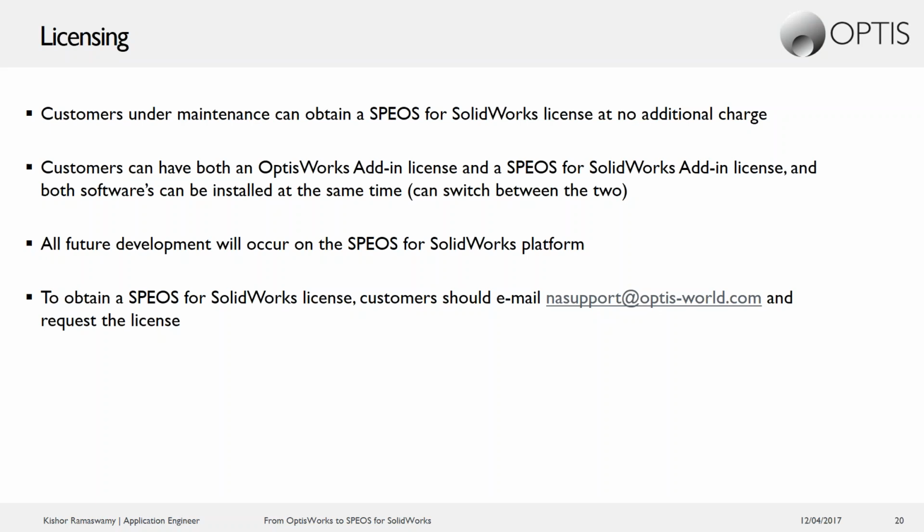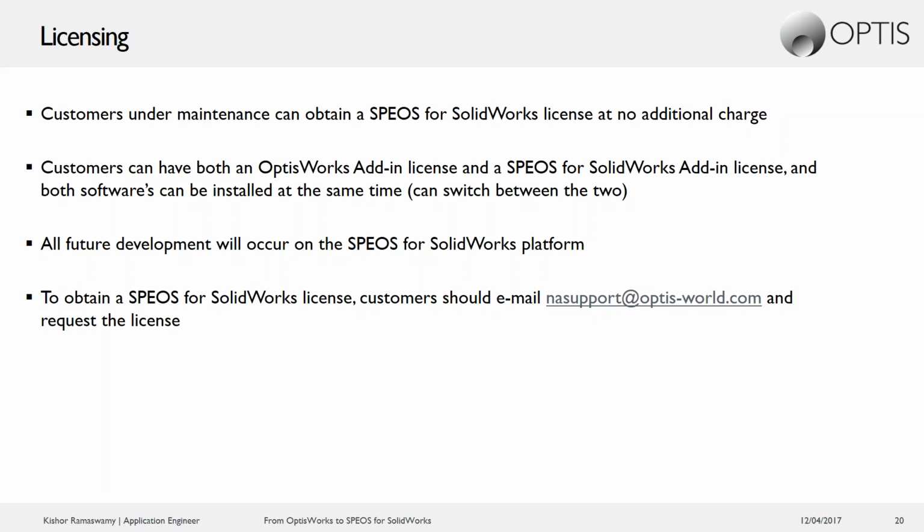You can have both OPTISWORKS add-in and SPEOS for SOLIDWORKS add-in licenses at the same time, and you can have both softwares installed at the same time. They will show up inside of your SOLIDWORKS software as two separate add-ins, and you can switch between the two as required.